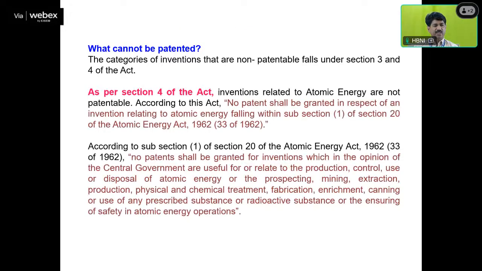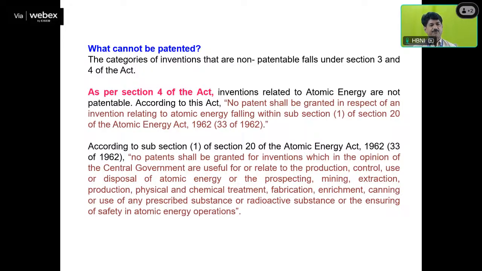Also, there is section 4 of the Patent Act, which prohibits inventions related to atomic energy. We are from the Department of Atomic Energy, so we know about these things. Any invention which is related to atomic energy is not patentable. So they cannot put in a patent application if the substance, process or products are related to atomic energy.